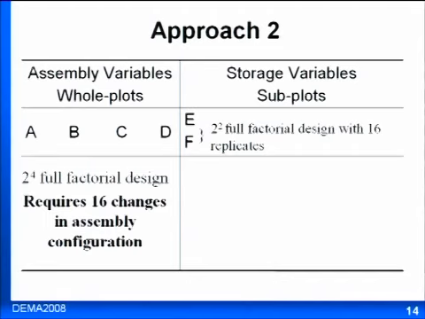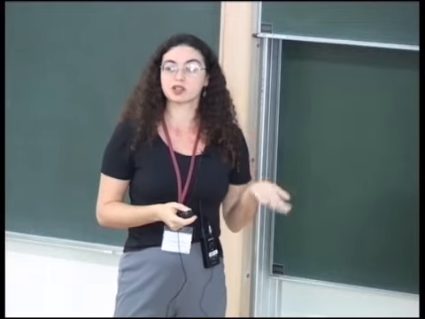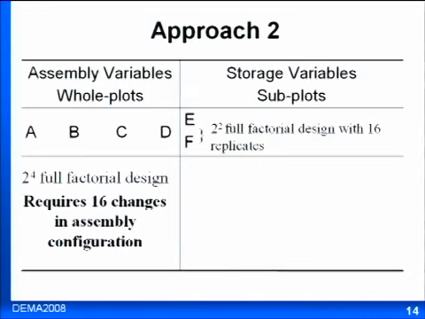So the second approach would be to run a split plot design. In this case, we could use the assembly variables as the whole plots. So we will reduce the number of changes in the assembly process. Instead of 64, we could use only 16 changes, and these changes could be run in 1 shift, as they wanted us to finish in 1 shift.